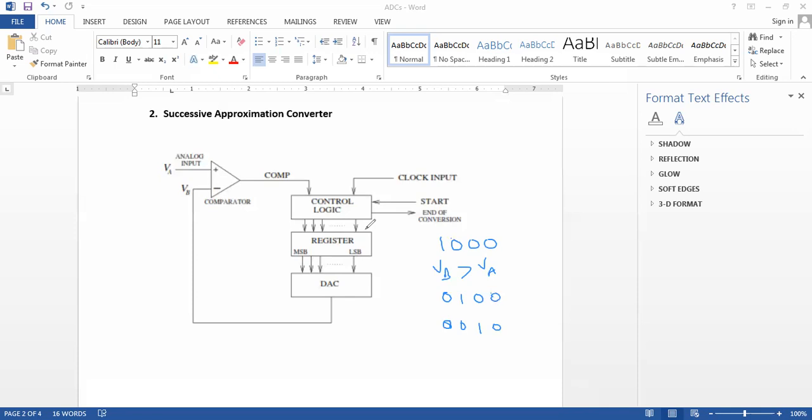And that is the operation of the successive approximation converter. The third type of the ADC is what we call the dual slope integration converter. Let me share the dual slope integration converter.